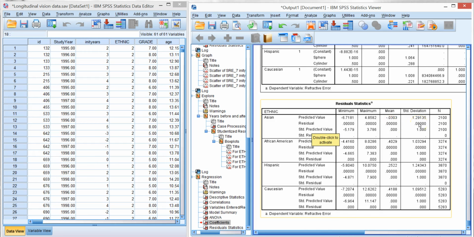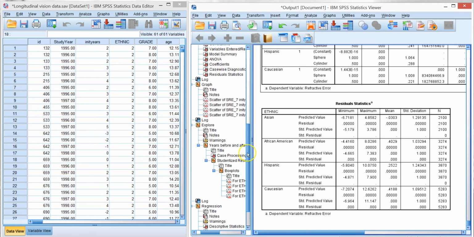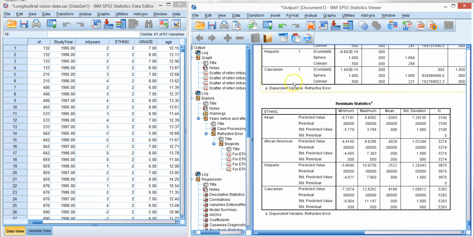The standard deviation is 0 for each of these groups. Which means whoever did the data recording was pretty good, or more likely the refractive error was actually computed from the actual data as being that way. So that's multiple regression.